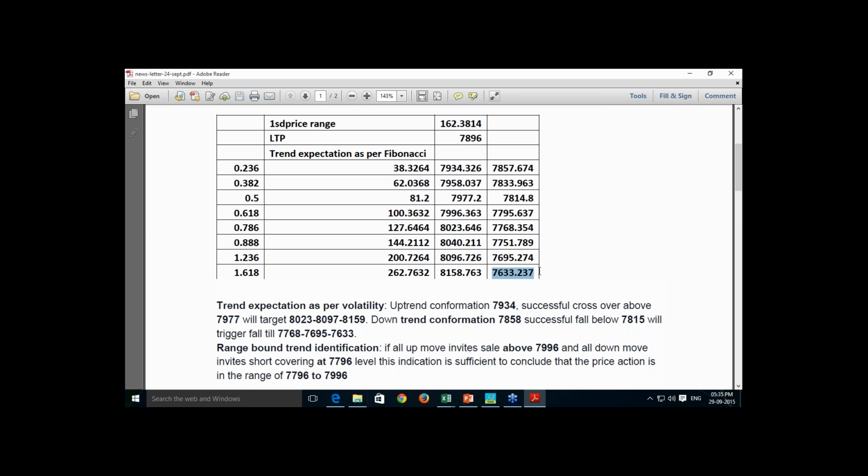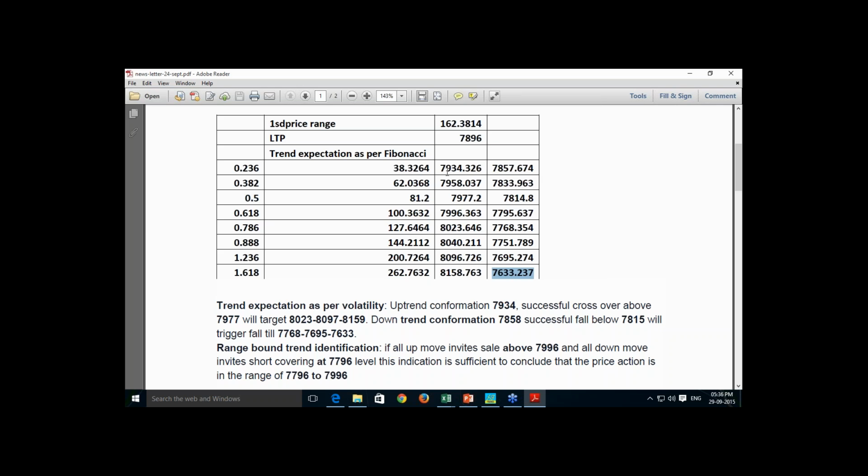Nothing wrong in that. Simple bear spread. If it reverses and goes to 7,934, it is a bear spread, so the impact will be very less. Looking at this particular trend parameter, I can do simple hedging with no big bang mathematics or hedging techniques, but still I will benefit out of that.